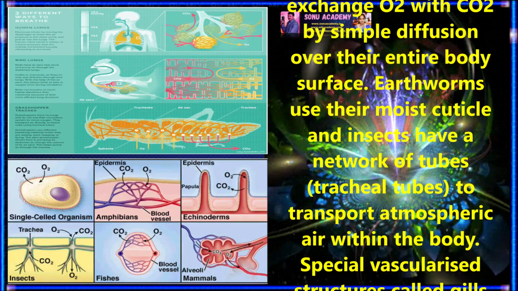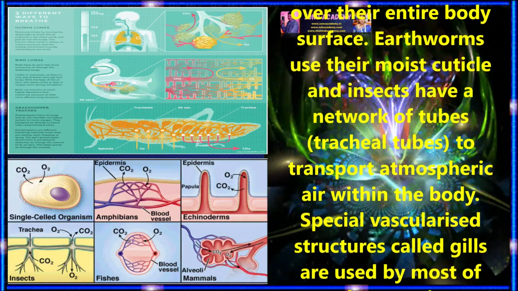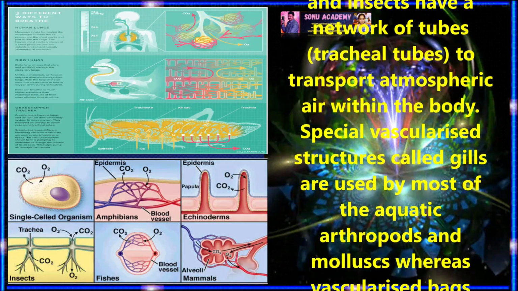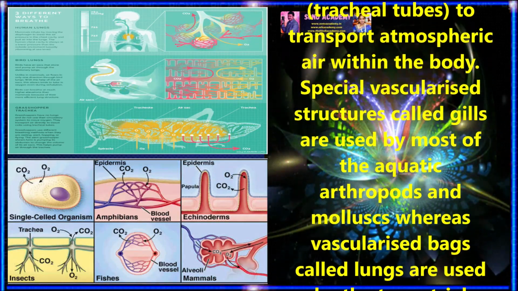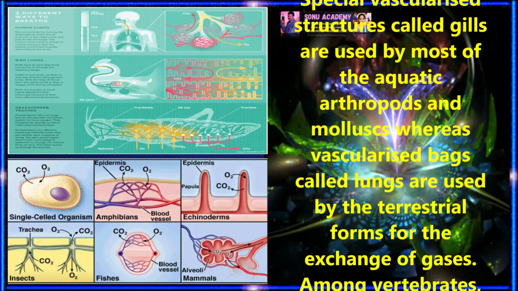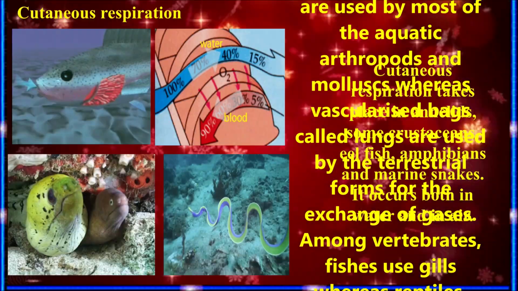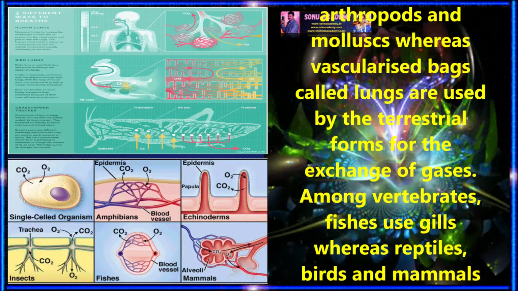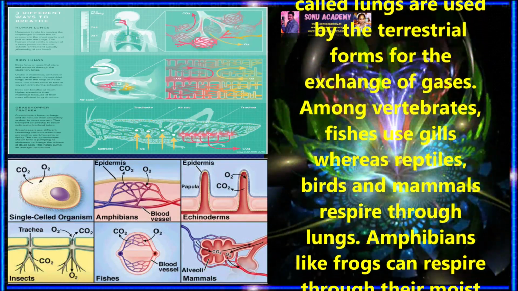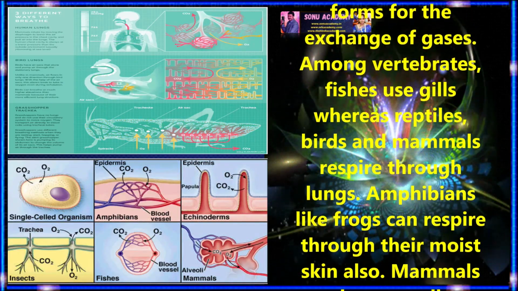Earthworms use their moist cuticle, and insects have a network of tracheal tubes to transport atmospheric air within the body. Special vascularized structures called gills are used by most of the aquatic arthropods and molluscs, whereas vascularized bags called lungs are used by the terrestrial forms for the exchange of gases.